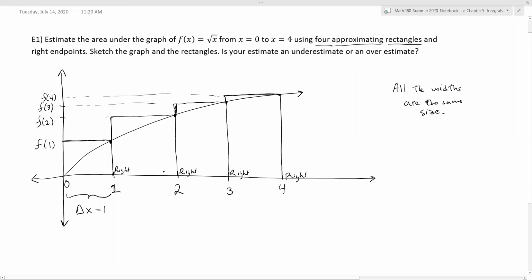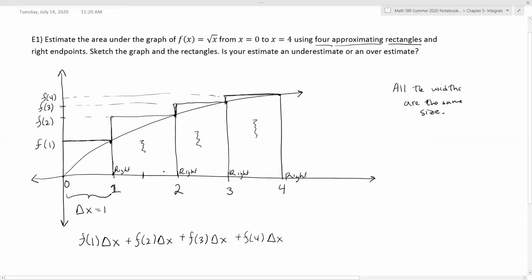So the area of the first rectangle is going to be f of 1 times delta x, and we'll calculate f of 1 in just a moment, plus f of 2 times delta x, that's the second rectangle, plus f of 3 times delta x, plus f of 4 times delta x.